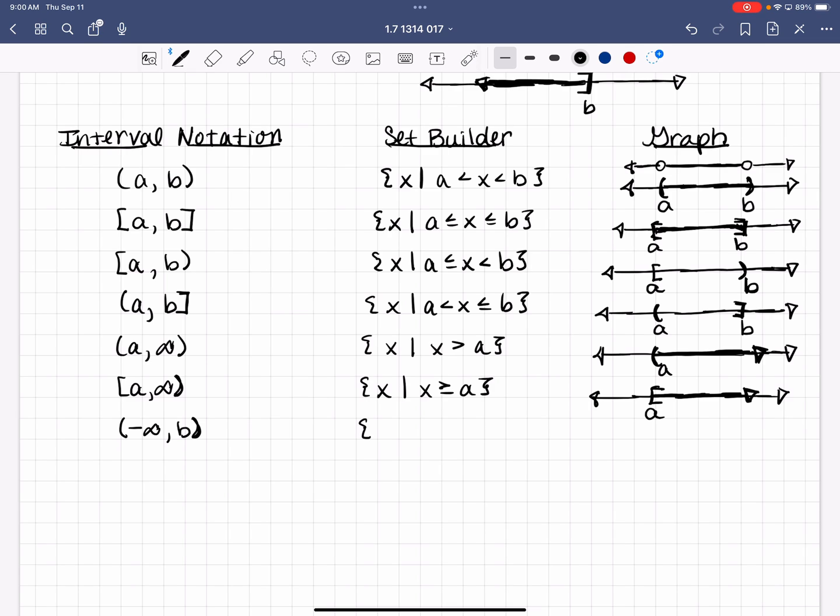And this is going to be X such that X is less than B. Because we're coming from negative infinity, all the way up to B, and we stop at B. So that means all the numbers less than B, they're negative numbers eventually. So here's B, and we're going to shade to the left.